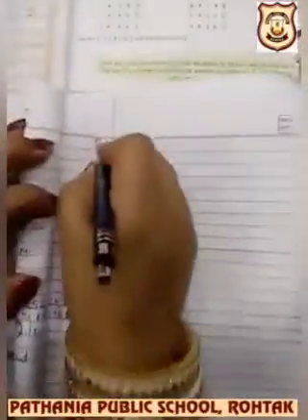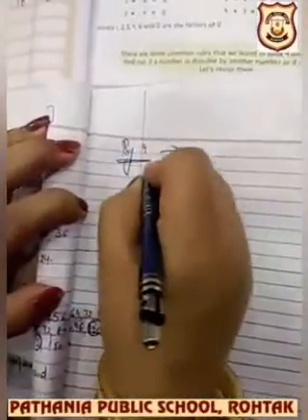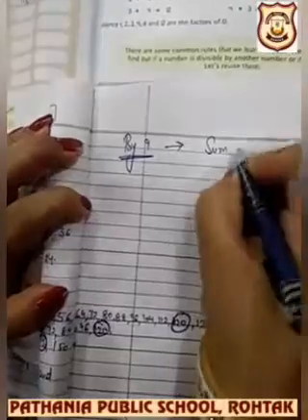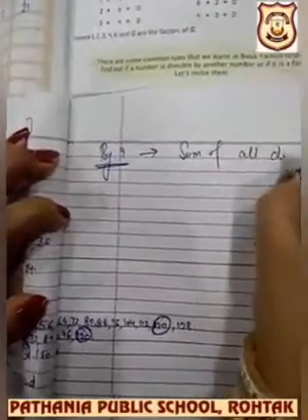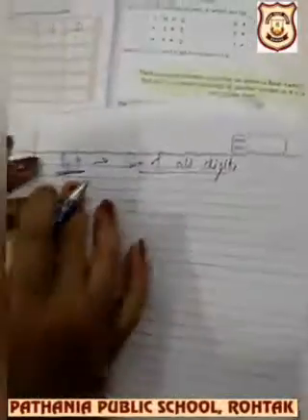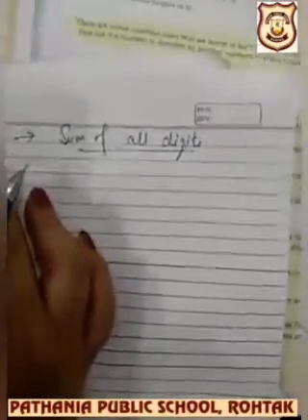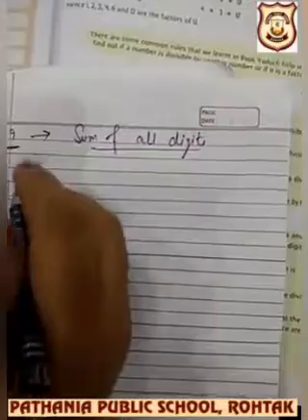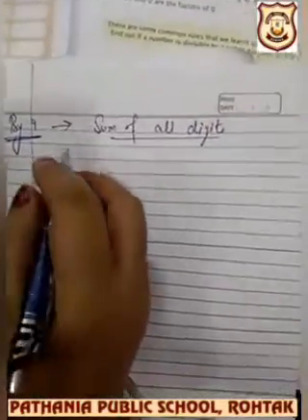Now what is divisibility of 9? So divisibility of 9 is again the sum of all digits. If the sum of all digits is a multiple of 9, then the complete number is a multiple of 9, or you can say the complete number is divisible by 9.